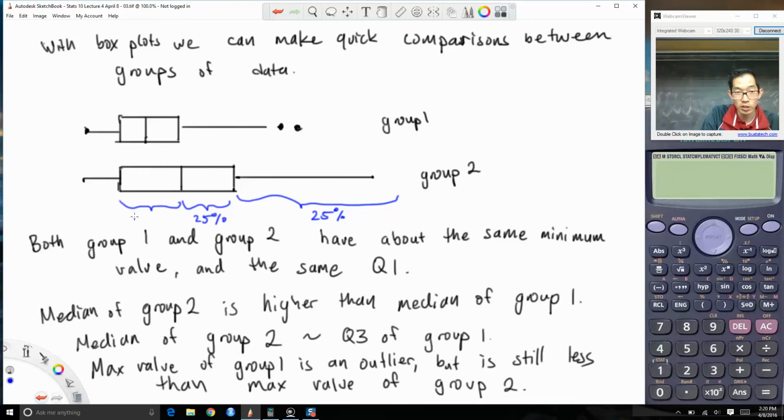From here to here is 25%, and anything lower than over here would also be 25%. You can draw similar lines for the upper box plot as well.